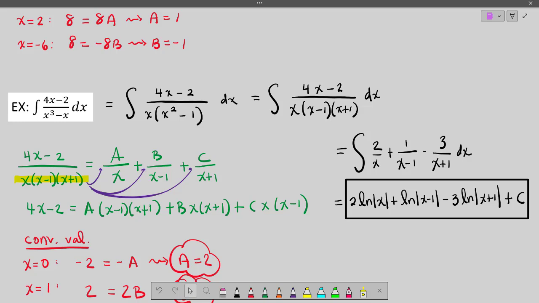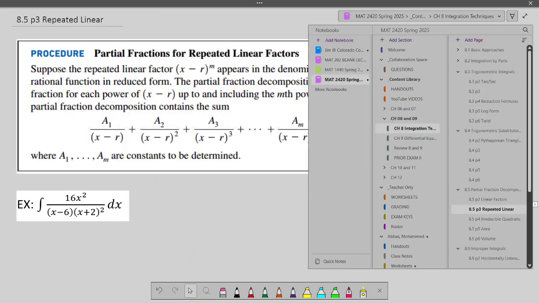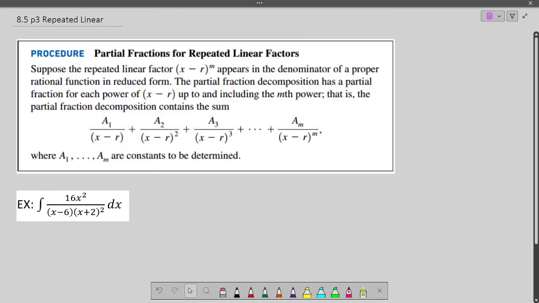All right, so we're going to up the ante just a little bit. We still are going to have linear factors only, no irreducible quadratics yet. And notice this, that if we have a repeated factor, we have to have a partial fraction for each power of that repeated factor.